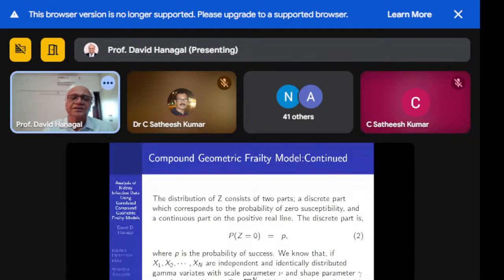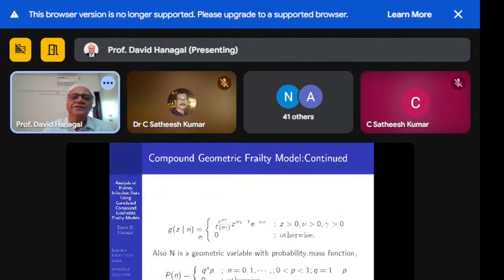Given N equal to n, the sum of gammas is also gamma, with scale parameter nu and shape parameter n times gamma. This is the density of gamma, and this is the probability mass function of geometric.